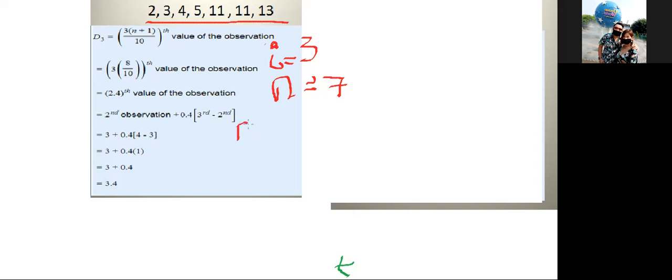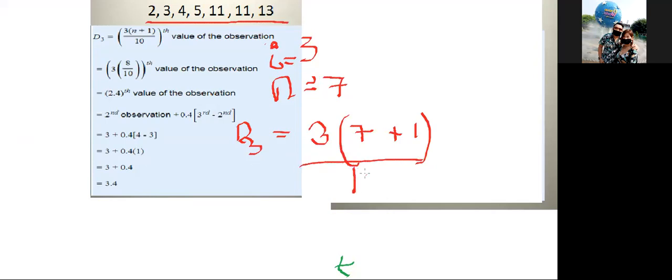The third decile is equal to i times n plus 1, so 3 times 7 plus 1, over 10, because we will use the decile formula.